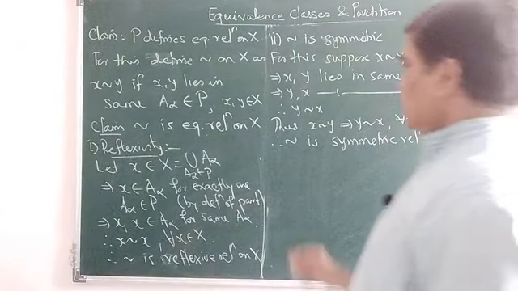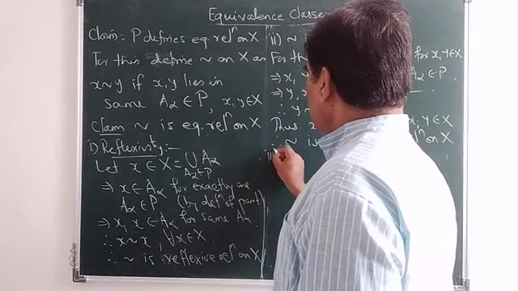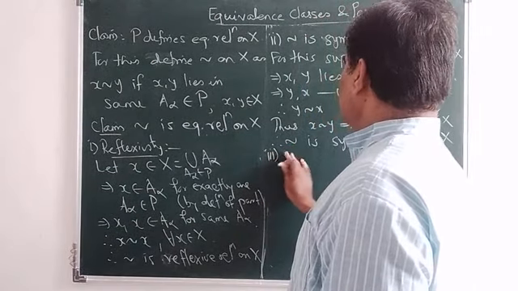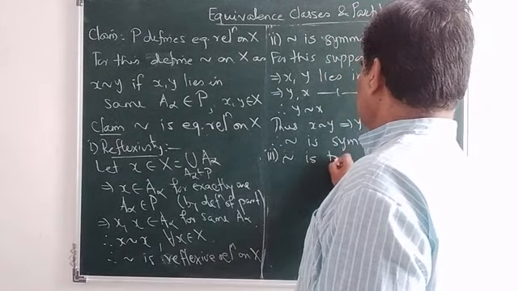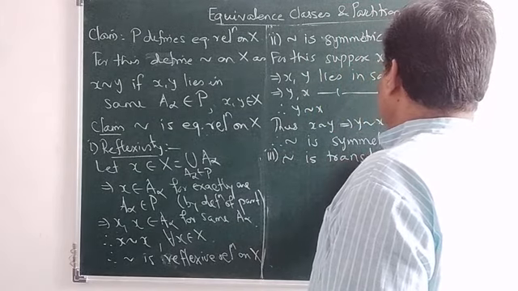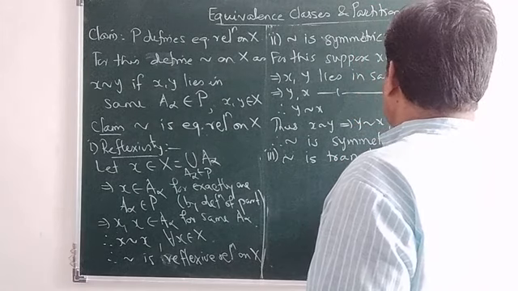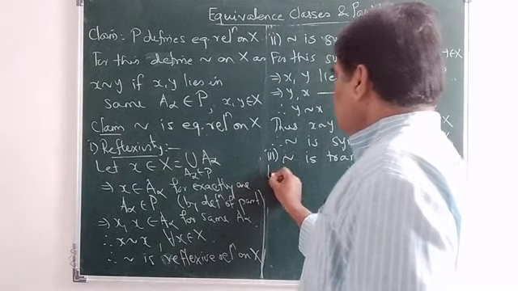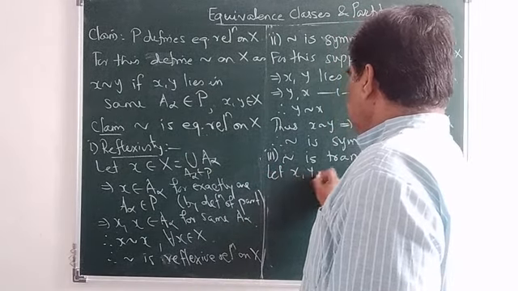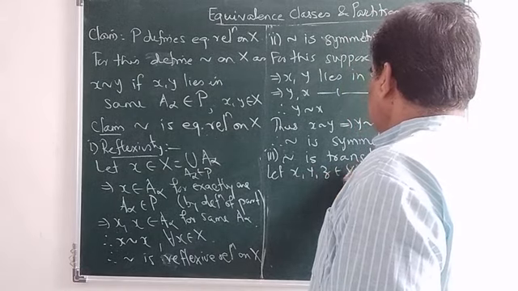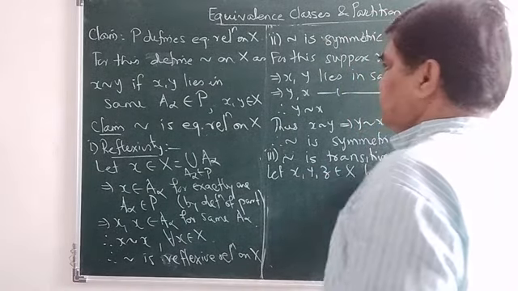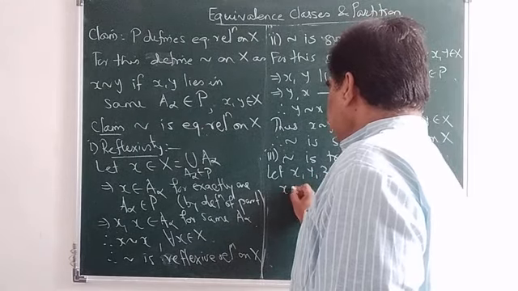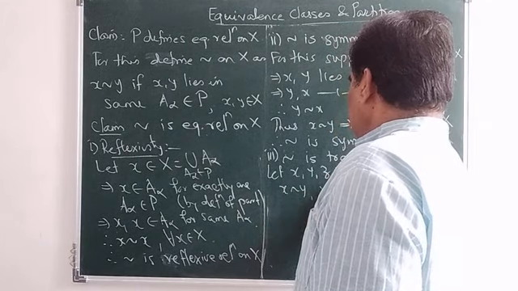Okay. Third, our aim is to show that tilde is a transitive relation. So let x, y, z belong to X be such that x is related to y, y is related to z.